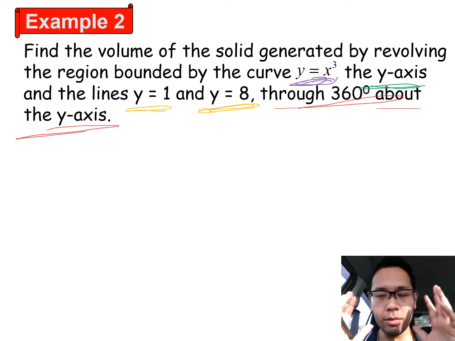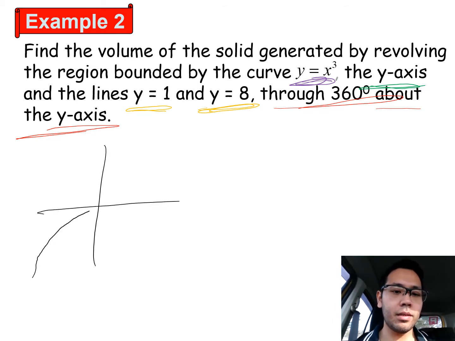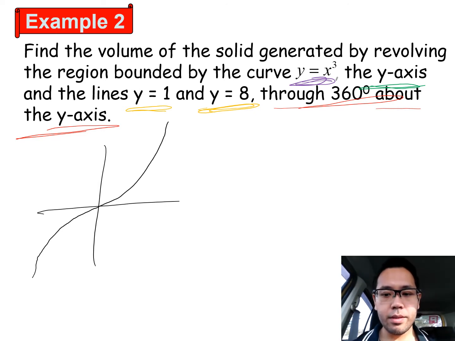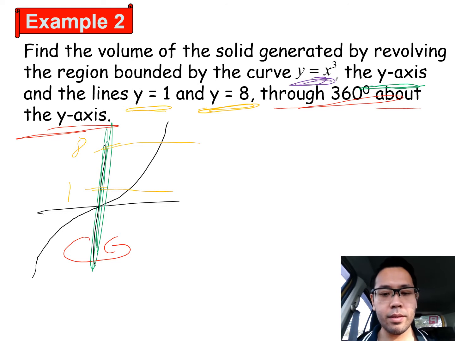Let's try to imagine how it looks. So x cubed looks something like this, and it's bounded by the y-axis, y = 1 and y = 8. This is 1, let's say this is 8, through 360 degrees about the y-axis. So it's somewhere around here.